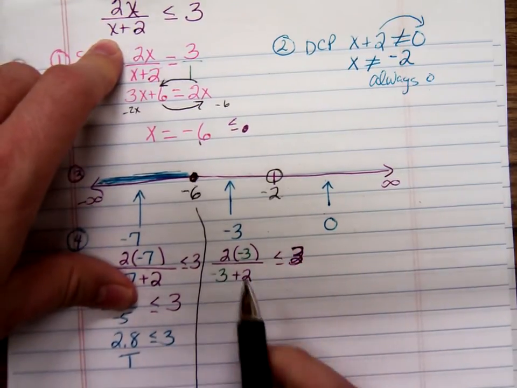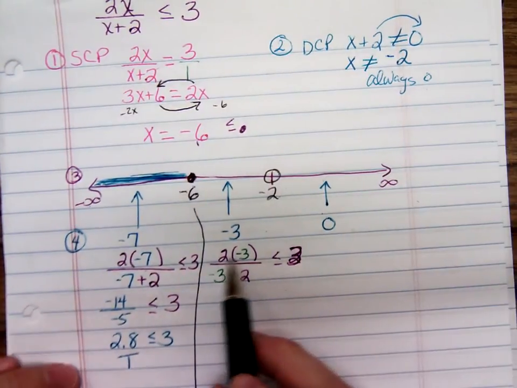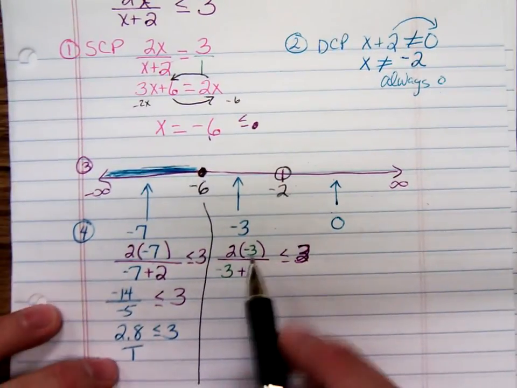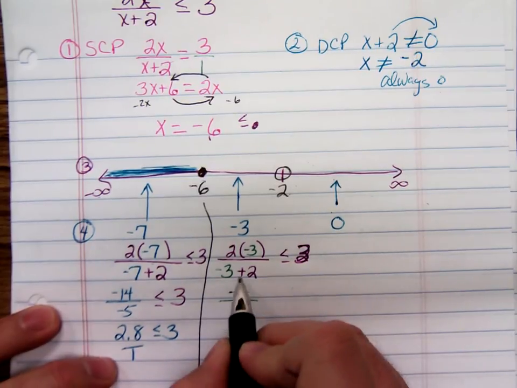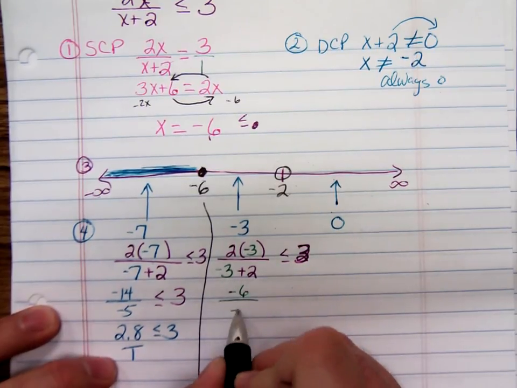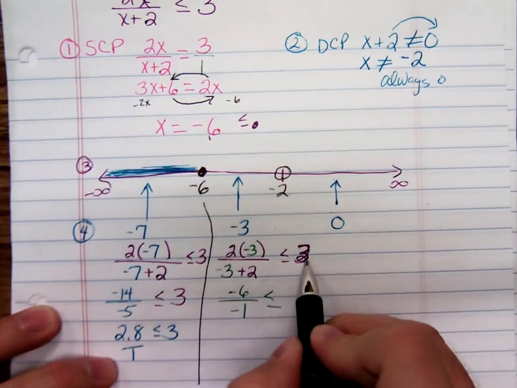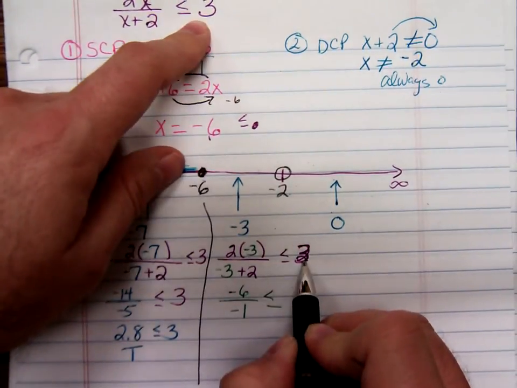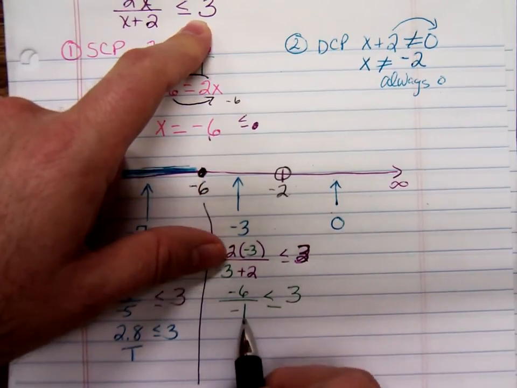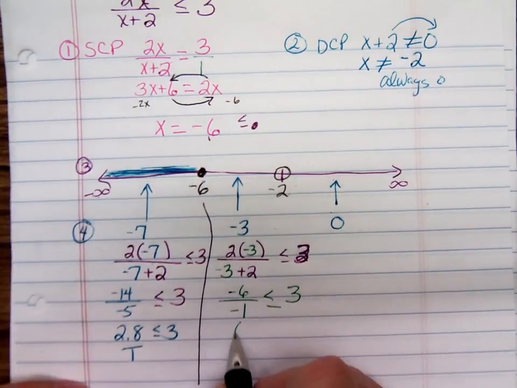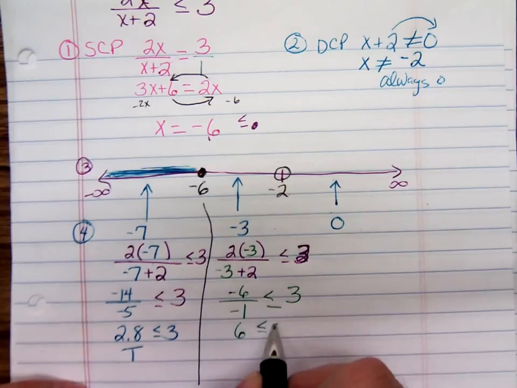So on top, 2 times negative 3, that would be a negative 6. Negative 3 plus 2 is negative 1. And this is hard to read, but it's that purple 3. Okay. So we have negative 6 over negative 1. That's a positive 6. Less than or equal to 3.